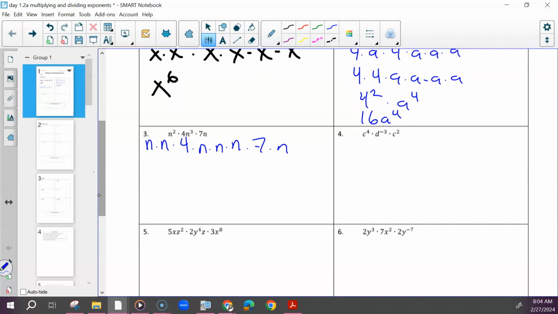I'm gonna move the 4 and the 7 out front, but they're not the same, so I can't make an exponent with them. I'm just gonna multiply those. And how many n's? 6. So then if I simplify this further, we have 28 n to the 6th.